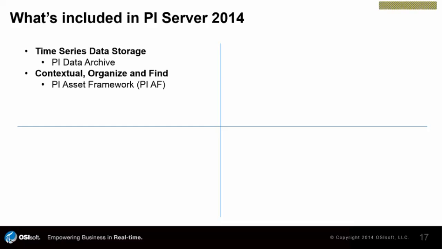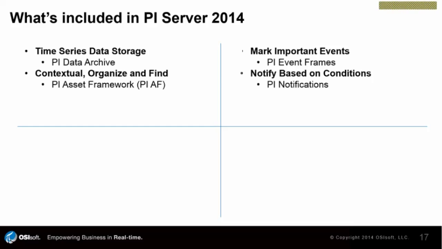In addition to the storage of time series data and PiAF, the Pi server today includes Pi event frames, which is a way for you to mark important events within your process, and also Pi notification, which is a way to notify users of specific events that may be happening to your data.